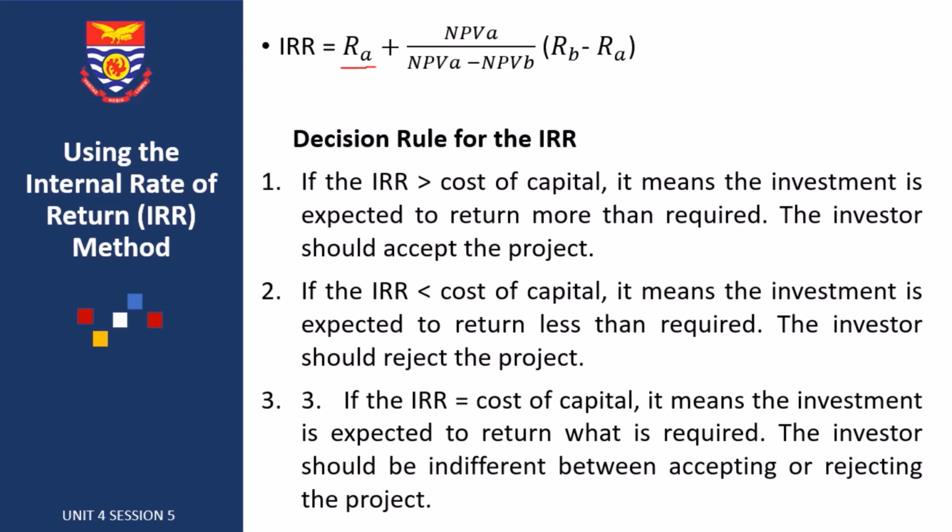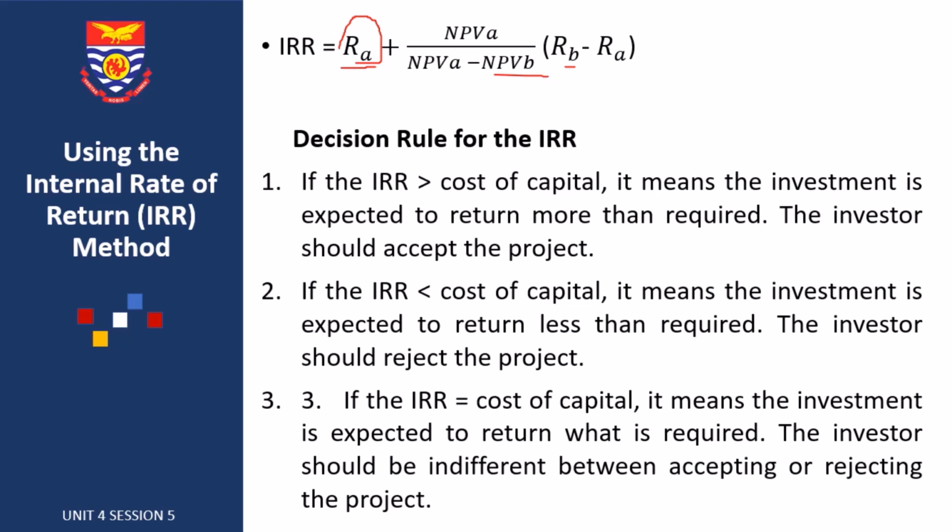If you look at the formula, we have NPV of A. The cost of capital that you are going to use to find your NPV of A is the return of A that is given, and for NPV of B you use the return of B. So it's going to be your return of A plus NPV of A over NPV of A minus NPV of B, then you multiply by RB minus RA, which are the returns used in the question. That is what you use to get your internal rate of return.